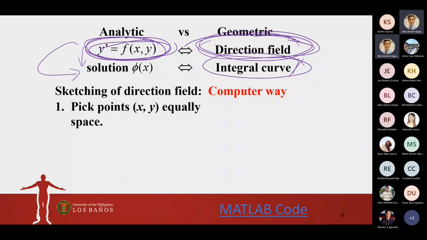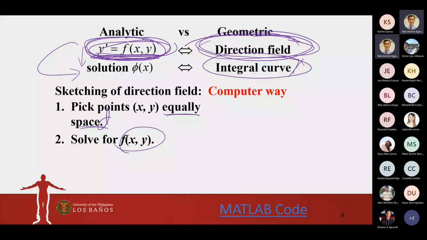Divide it into a mesh of points. Usually we want them equally spaced, so that we can see better. For the pairs of points x, y, with y prime equals f of x, y, you just plug in the x and the y value you chose into f, and we will get the slope of the line passing through that particular point x, y.